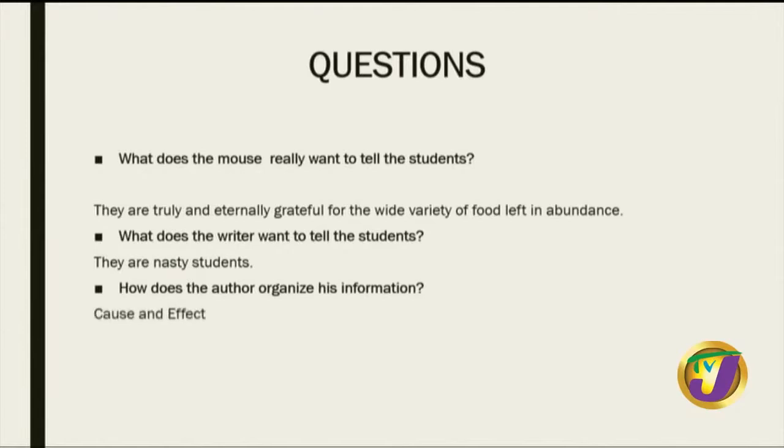So, cause and effect. So the cause is the litter left behind daily. The effect is all of this forms food for the rodents. And contrast, do you recall the rat saying that these present students of Form 1 are quite different from those from last year?